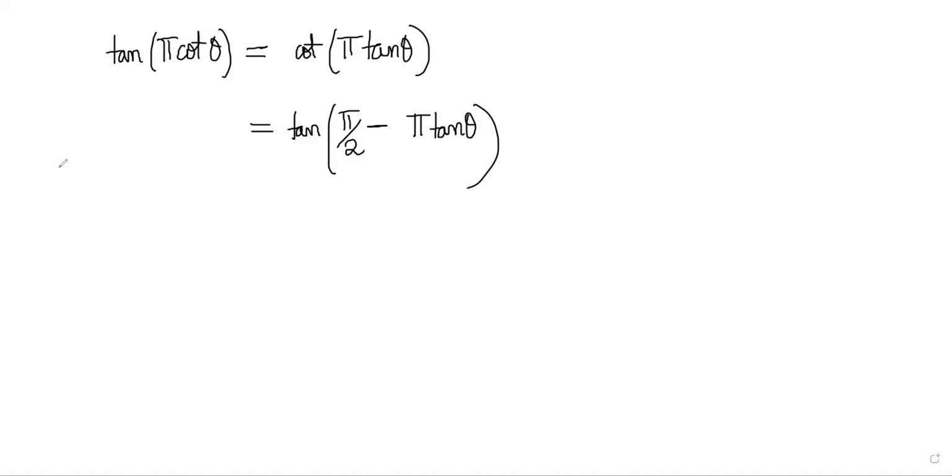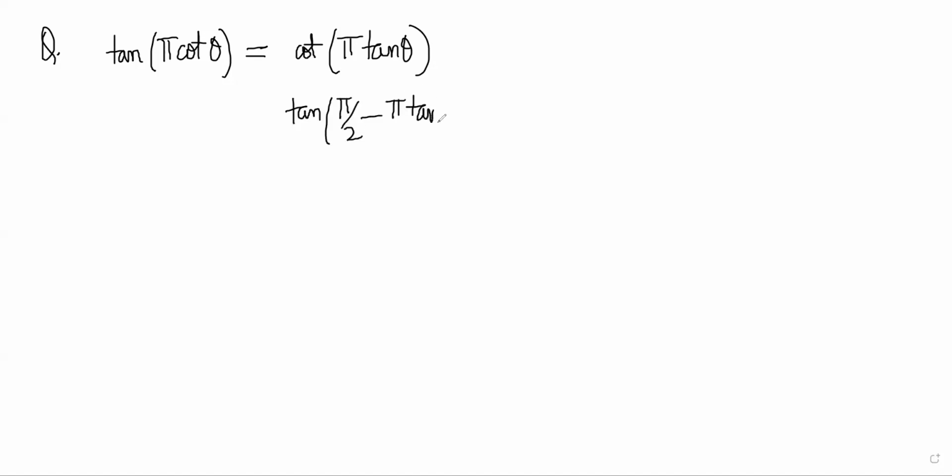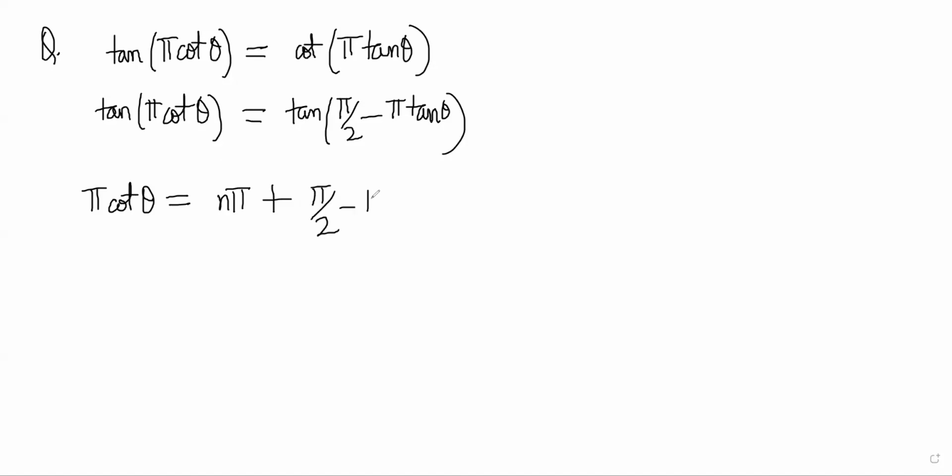Okay, that is question 32. Yes, sir. How have you done this question 32? Yes, sir. For 32, I wrote tan pi cot theta equals tan of pi by 2 minus pi tan theta. Then I write pi cot theta is equal to n pi plus pi by 2 minus pi tan theta.